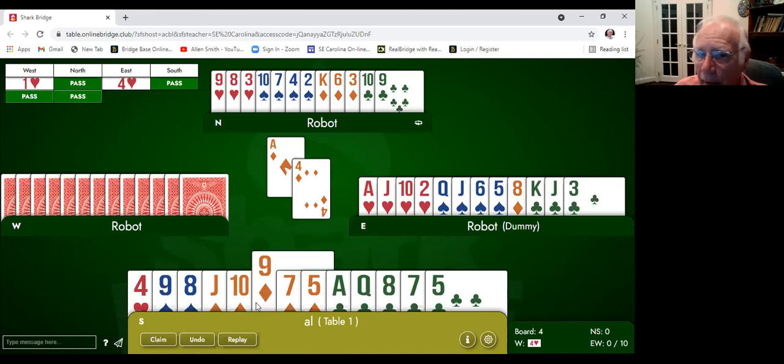We'd like you to switch. Now, we can actually signal here by signaling high-ish, which suit that we want. We could play the jack, which would be an unusually high play on that ace. That would probably signal our partner that we wanted a spade.